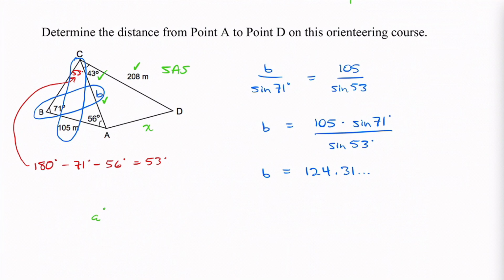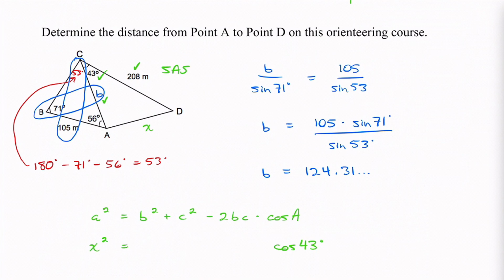I'll just write out our formula. a squared equals b squared plus c squared minus 2 times b times c times cos of a. So I am finding this side. The angle across from it is 43. So in my formula, this needs to be x squared, and the cos has to be cos of that angle across from it, 43 degrees.